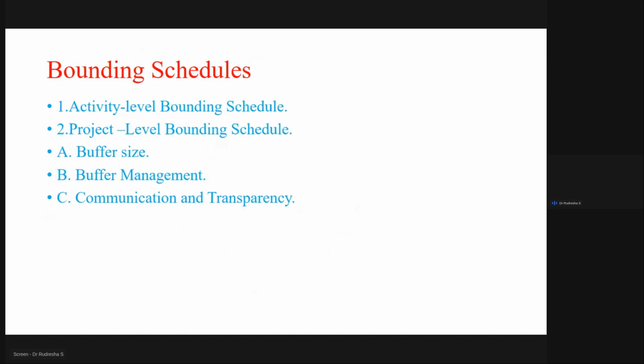Budgeting schedules: activity level budgeting schedule, project level budgeting schedule, buffer size, buffer management, communication and transparency. This is the budgeting schedule.